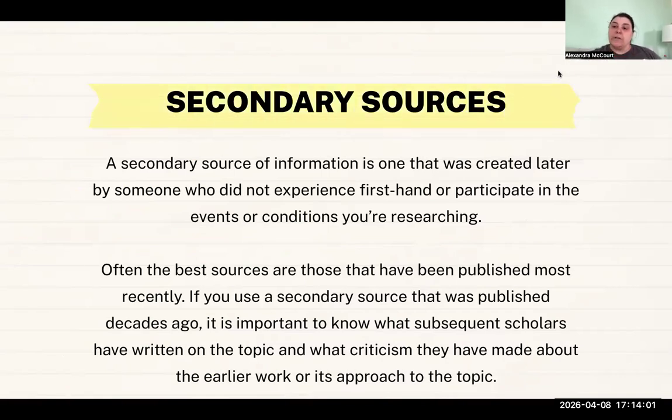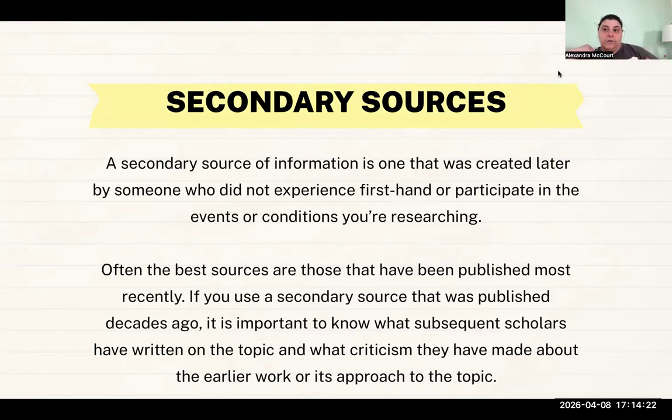The other type of source we can use is a secondary source. This is considered the gold standard of type of sources that we can use in research. And a secondary source is information that has been collected or created by somebody who did not experience a firsthand event of some kind.